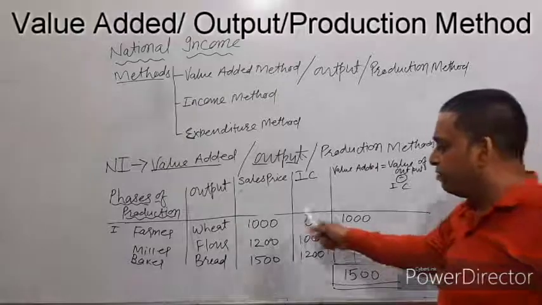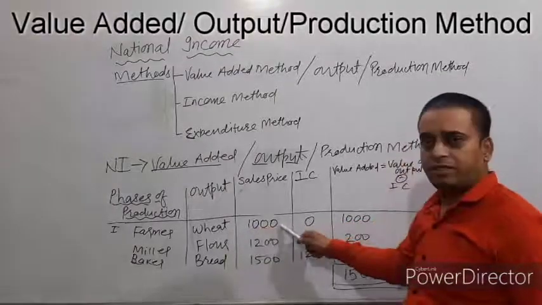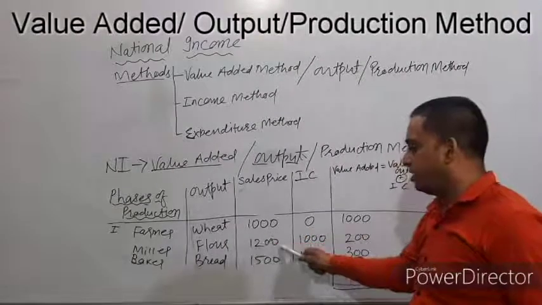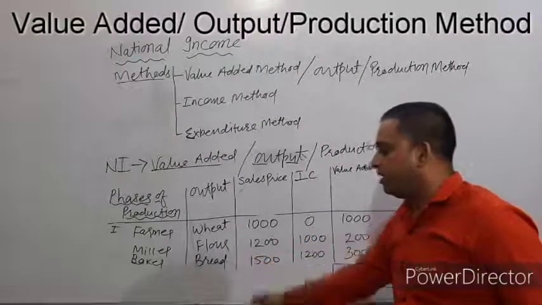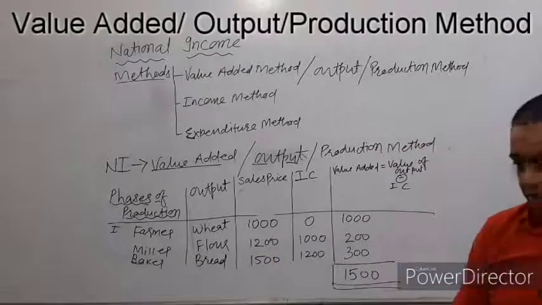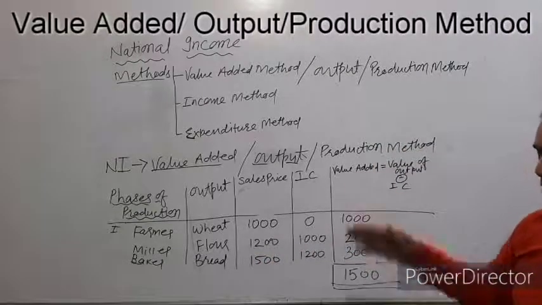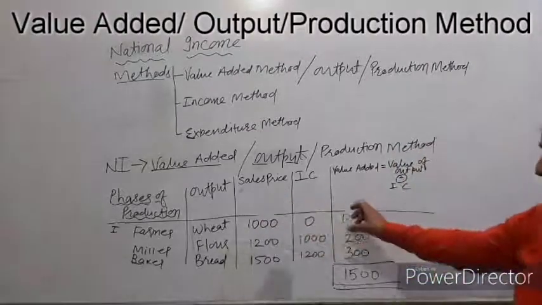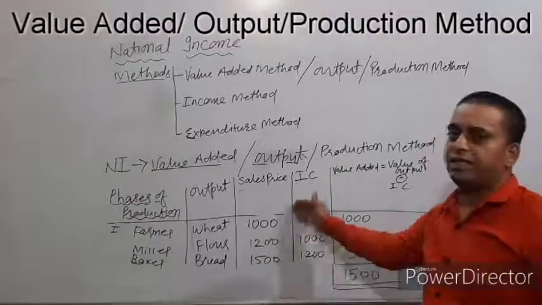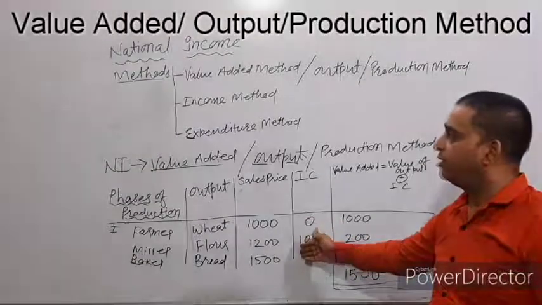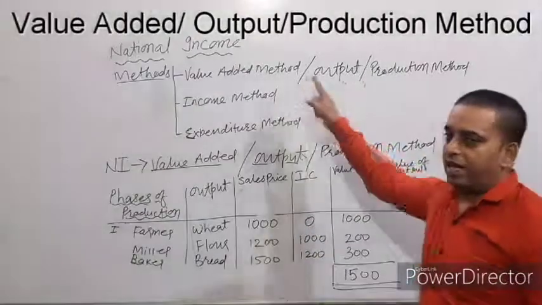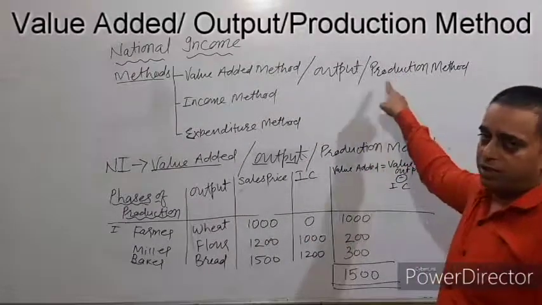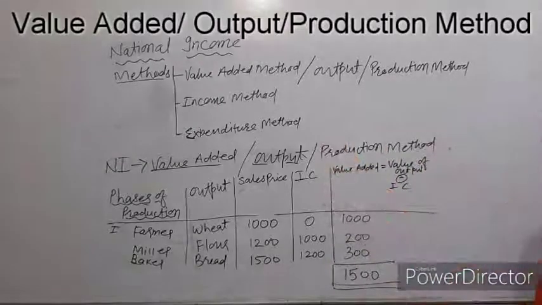Same as here, where the farmer sells for 1000, the miller sells for 1200 and the baker sells for 1500, right? But the product is wheat. What is the product? Wheat. Wheat value is added again and again, so it will be counted in value added, and this method is related to production. So in that condition we can say the production method.